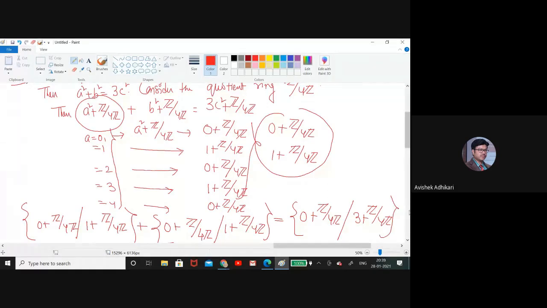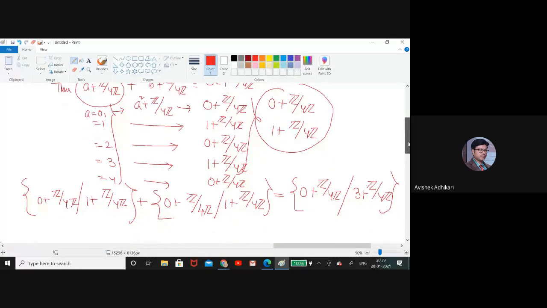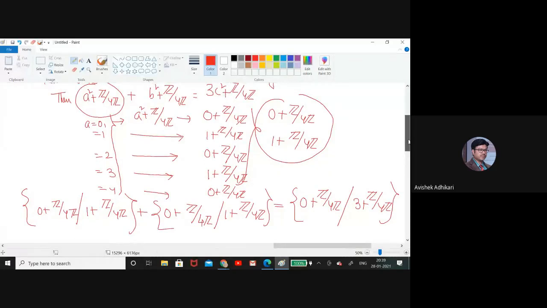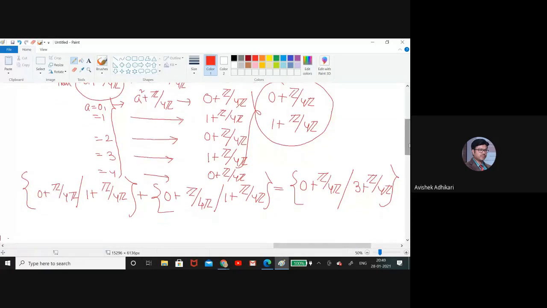Now from this equation, tell me what could be the values of A square, B square and C square. If I take this one and this one, then the answer should be 1, which is not here. That means these values cannot be taken simultaneously. If you have this and this, then also the addition will be 1, which is not here. So if you consider all possible solutions, then 0, 0, 0 are the only solutions.